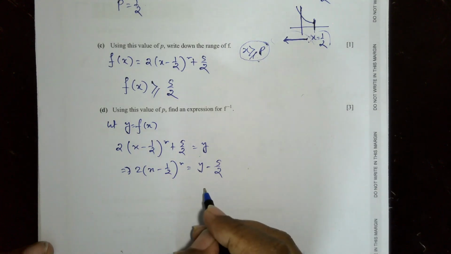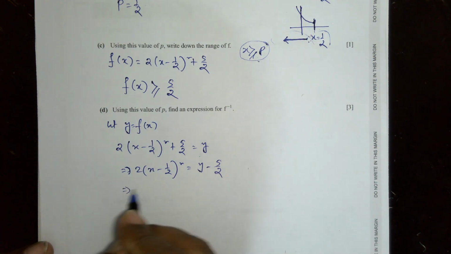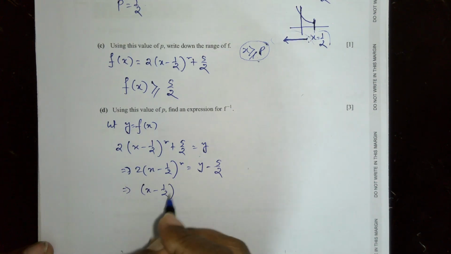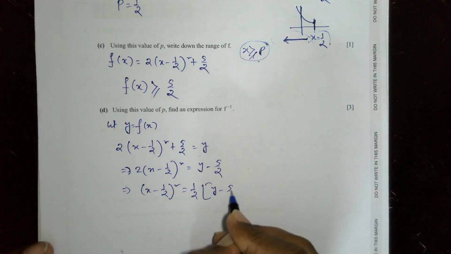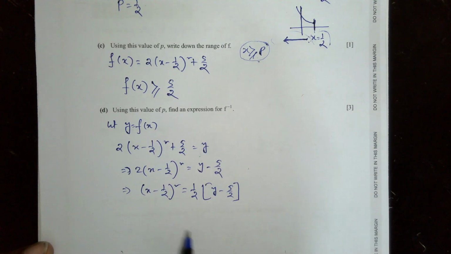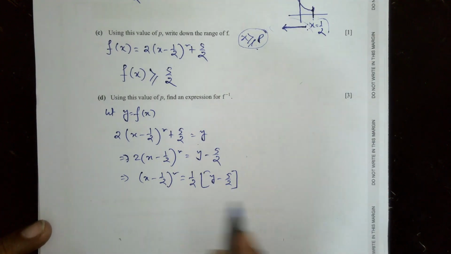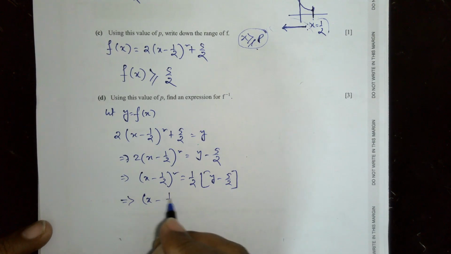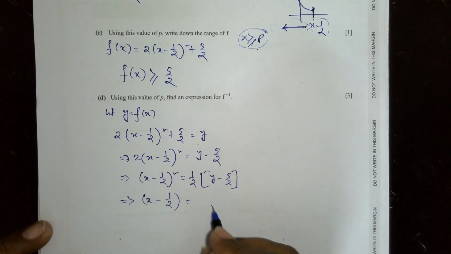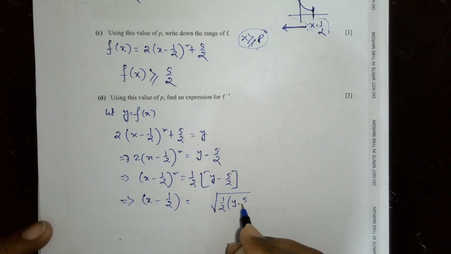Then (x minus half) squared equals half times (y minus 5 over 2). Now if we take the square root of both sides, we get x minus half equals the square root of half times (y minus 5 over 2).